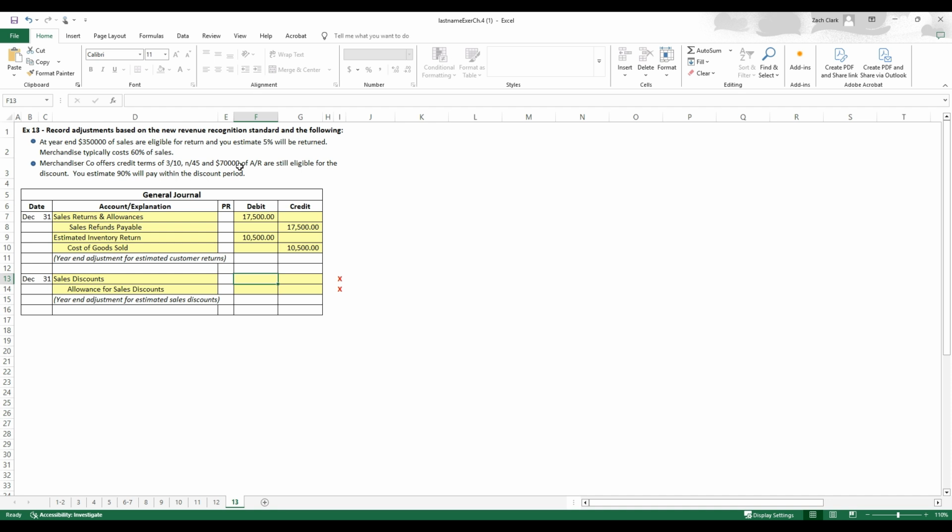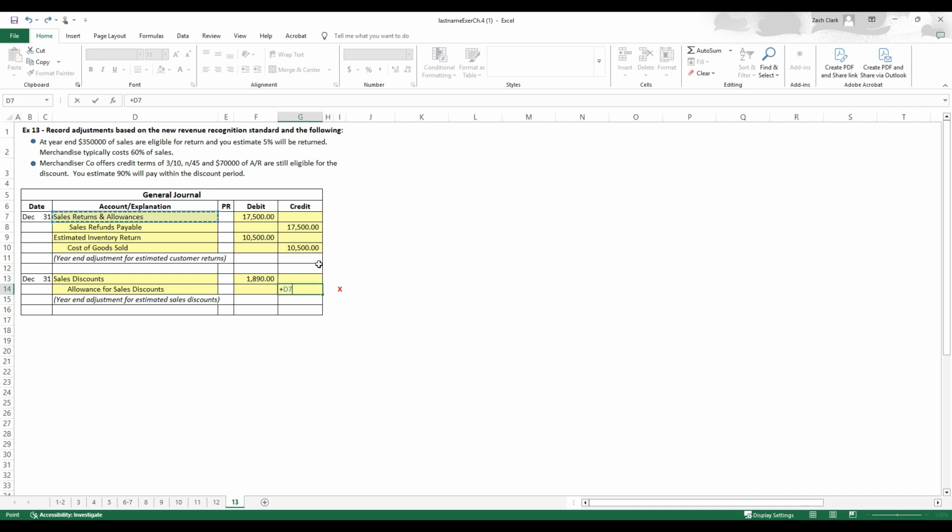And so we have $70,000 outstanding that falls within the discount period still. And we think, based on historical trends, that 90% are going to pay within that discount period. So if we have $70,000 outstanding and 90% of that is going to pay within the discount period, then we're estimating that 90% of 70,000 is going to get a discount, and that discount will be 3%.